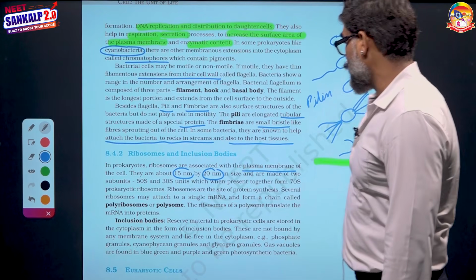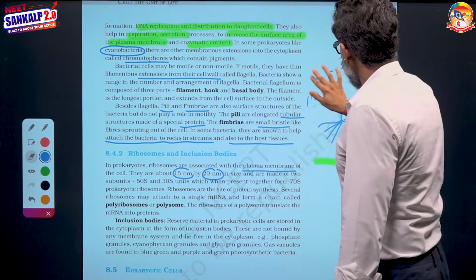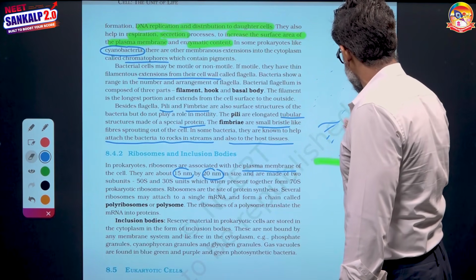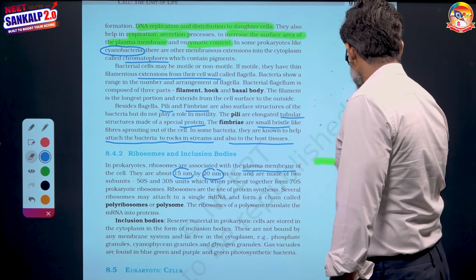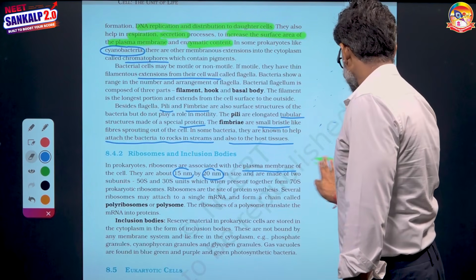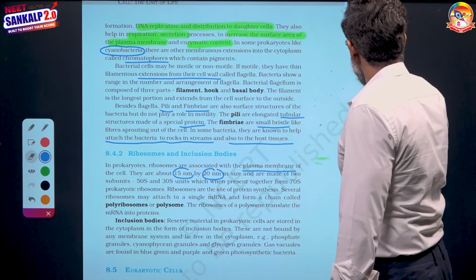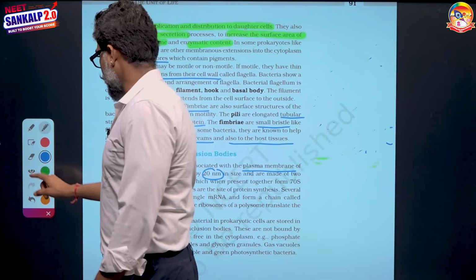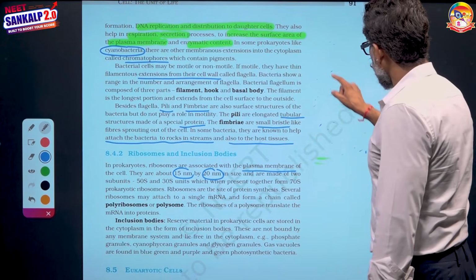Ribosomes may be attached to a single messenger RNA, as mentioned here. Whenever a large number of ribosomes attach to a single messenger RNA, the resultant structure that forms is known as a polysome. I repeat, when a large number of ribosomes get attached on a single messenger RNA, we call this a polysome or polyribosome.